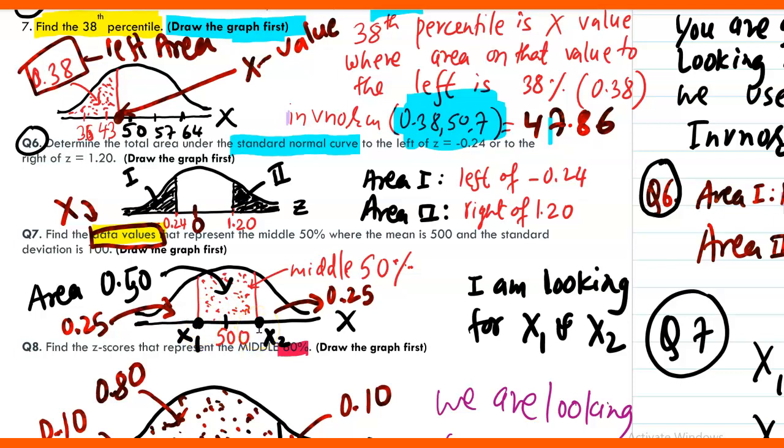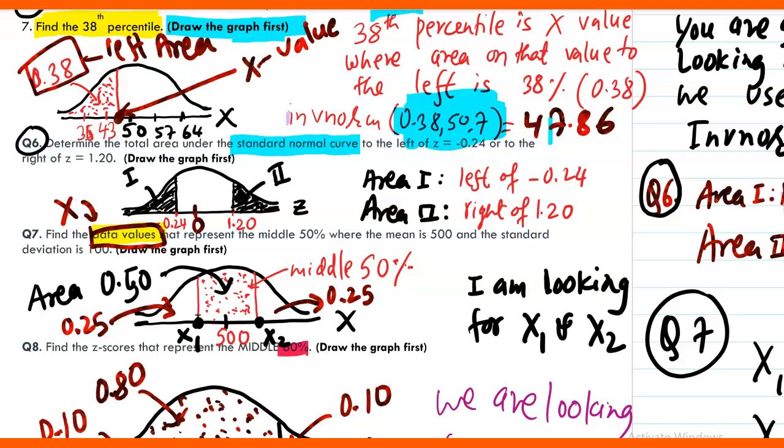Therefore, I'm looking for x1 and x2. But notice that if you look for x values, you look for the area to the left of the value you are looking for. So my question is, to find x1, what is the left area from x1? That's what I'm looking for.